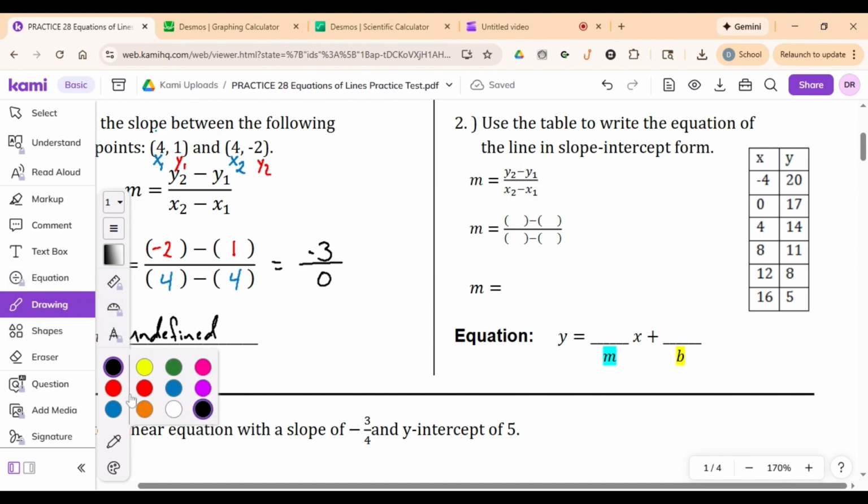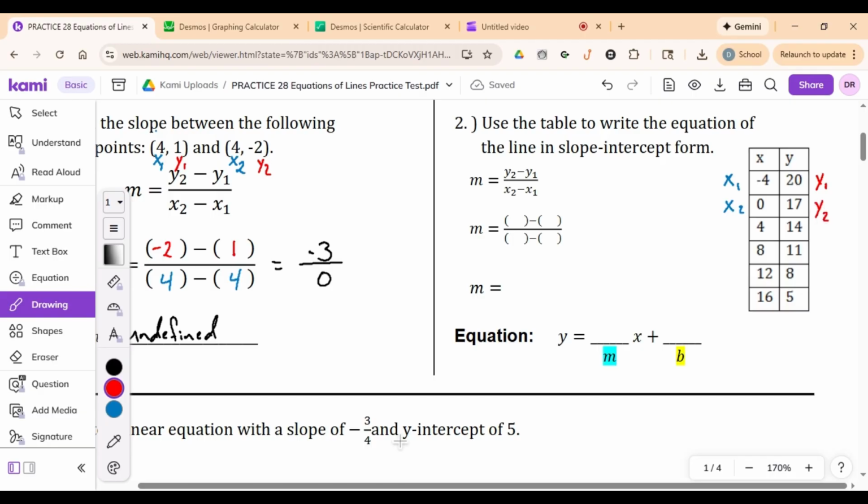The only difference in a table is your x's and y's are listed in a column or a row. In this case, we have a column for x. So -4 is our first x. 0 is our second x. When you go to the y's, 20 is our first y, 17 is our second y.